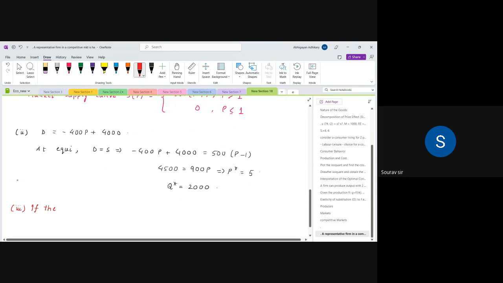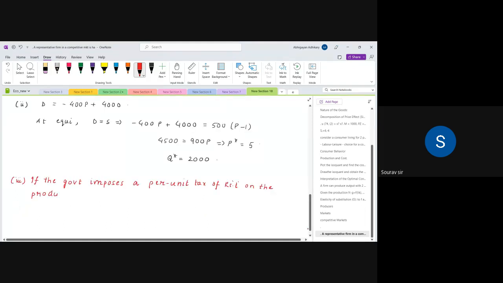If the government imposes a per unit tax of, let's say, rupees T on the producers, then we want to find the post-tax firm and industry supply curve, and the equilibrium price.